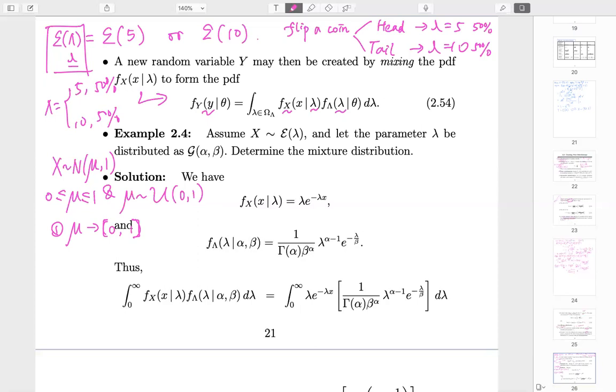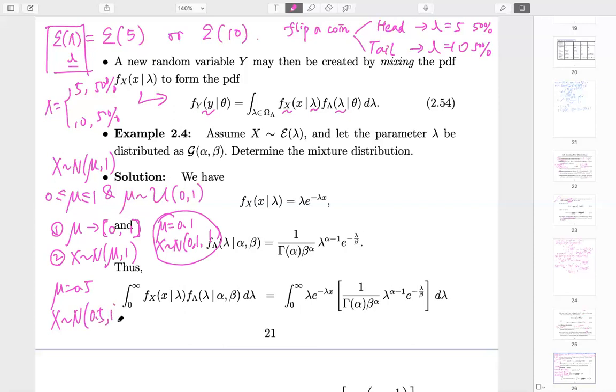So there's an equal chance any number is picked. Once this number is picked, I know my distribution is this normal. Let's say in step 1, I get 0.1. In that case, my distribution will be normal with mean 0.1, variance 1. But it is also possible that I get mu to be 0.5 in the first step. Then my distribution will be a normal distribution with mean 0.5, variance 1. So it's possible I get anything.